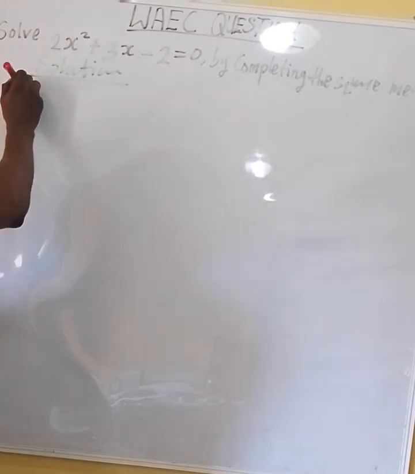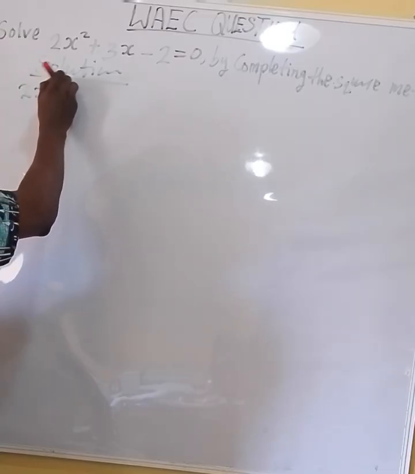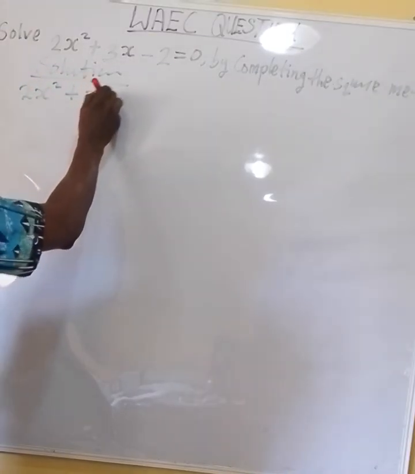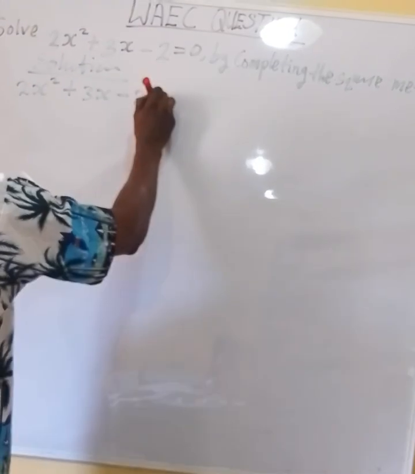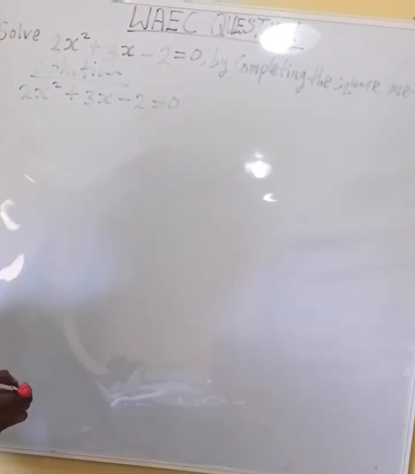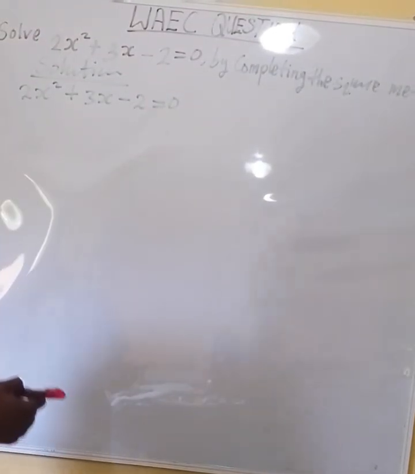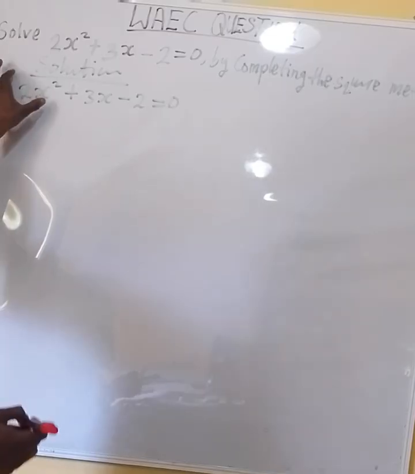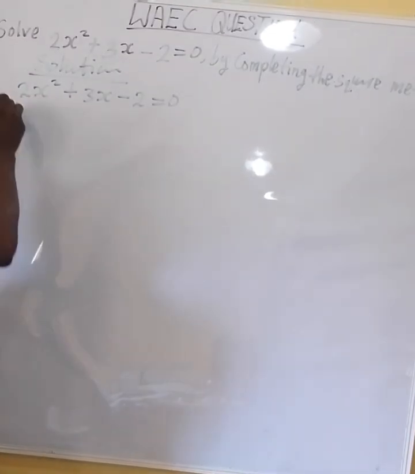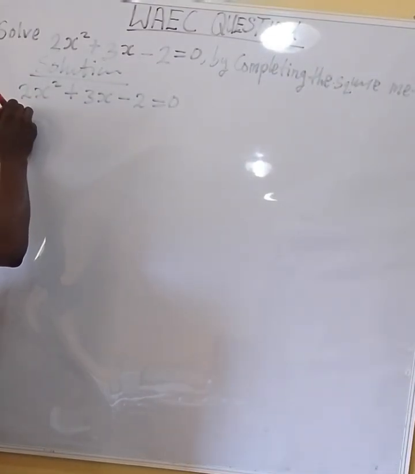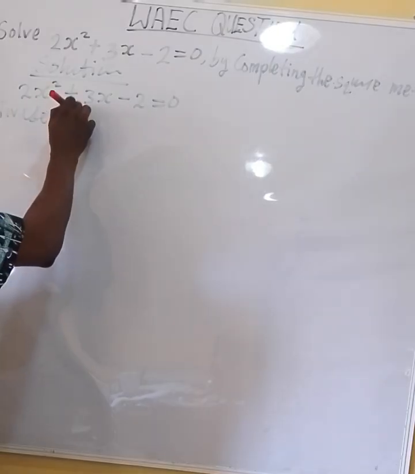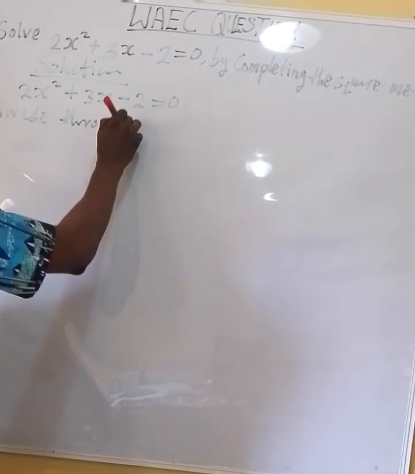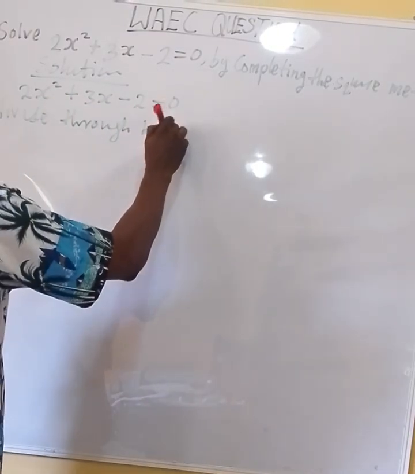We have the question to be 2x squared plus 3x minus 2 equals 0. As we have it like this, the first thing we are going to do is to consider the coefficient of x squared. So we say divide through by 2.